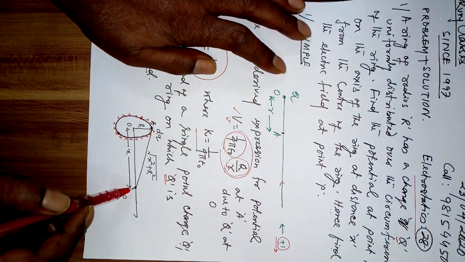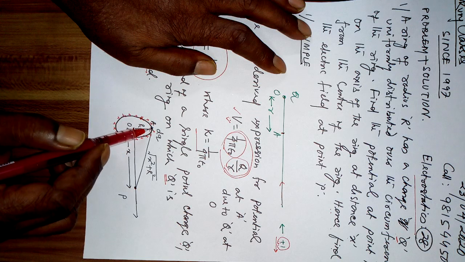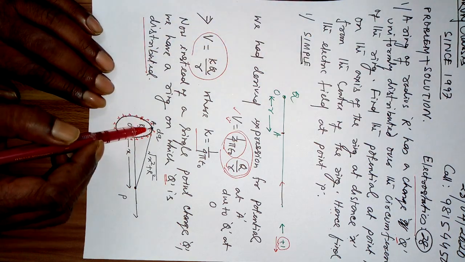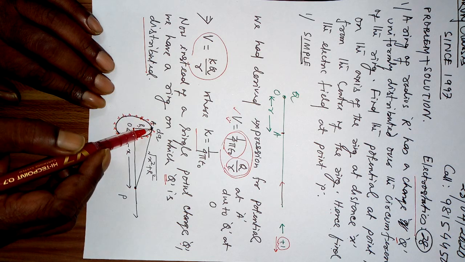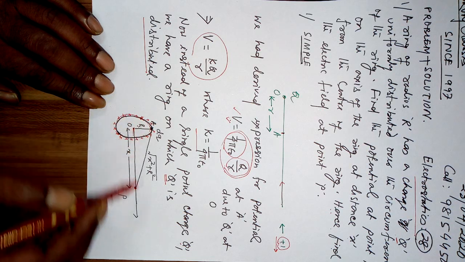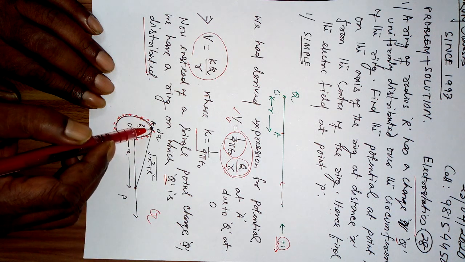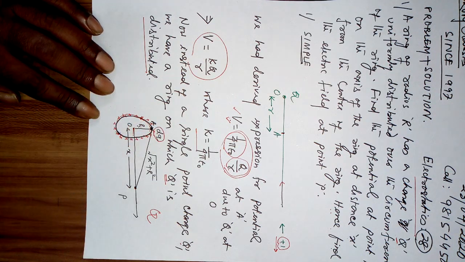And this is the point where the electric potential is to be found out along the x-axis at a distance x. From here to here is the radius of the ring. Consider a small part here, a small part of the ring. On the whole ring, the charge distributed is capital Q. So on this small part, let the charge be equal to dq, a small amount of charge.